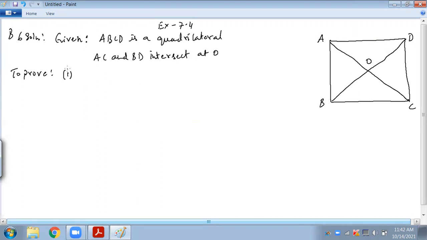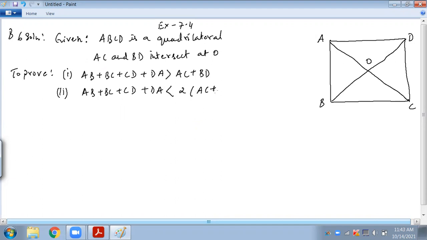Number 1, AB plus BC plus CD plus DA greater than AC plus BD. Number 2, AB plus BC plus CD plus DA less than 2 times AC plus BD.